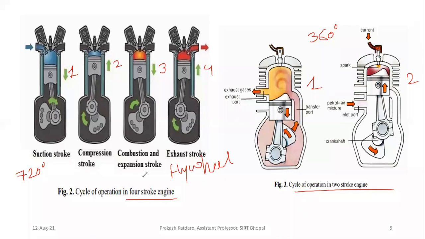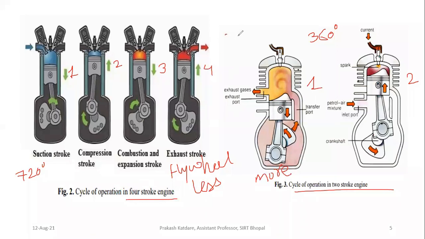For the same size of engine, since we get one power stroke in two revolutions of crankshaft in a 4-stroke engine, we can say the power produced by the 4-stroke engine is less, while the power produced by the 2-stroke engine is more when we are comparing it size wise.